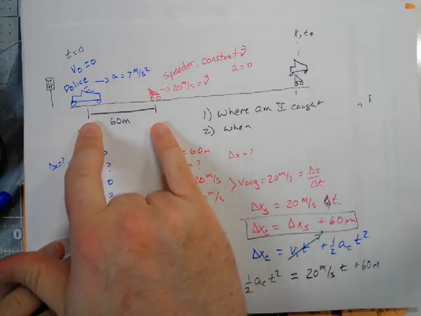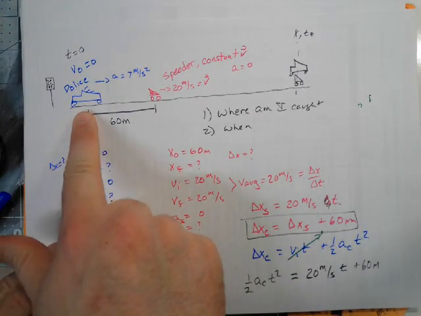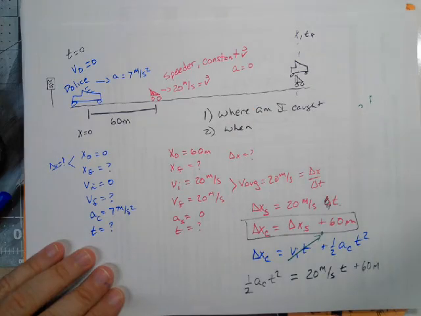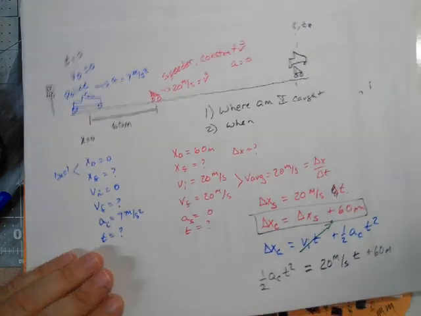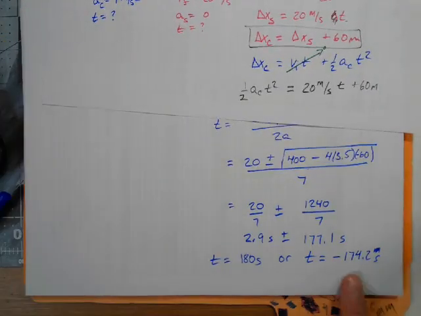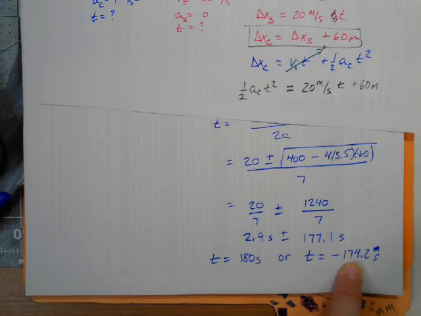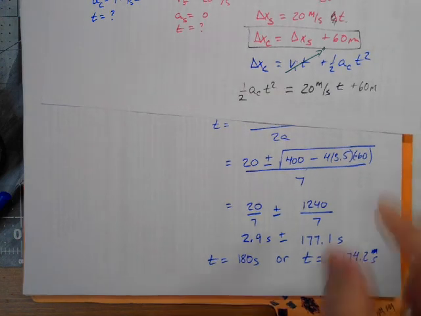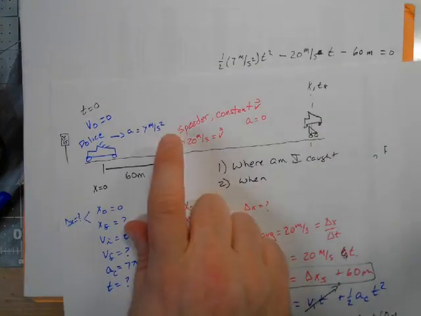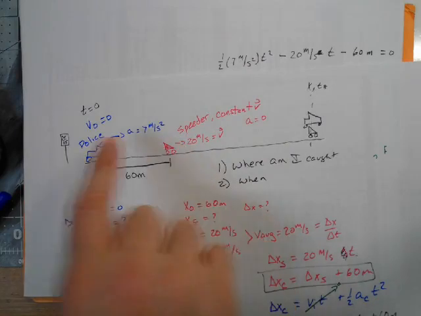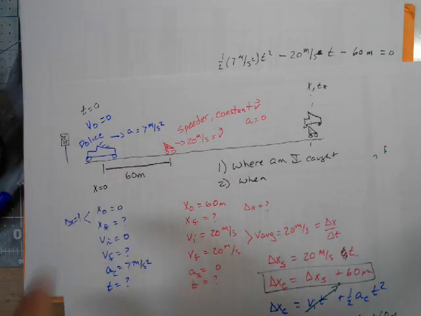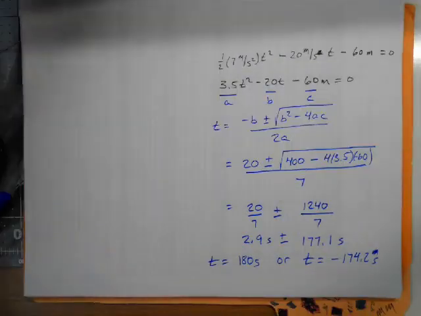And it takes time for the cop to accelerate up to speed. So this time could be 3 minutes. What the minus sign here is saying is this could be 3 minutes in the past, before you ever got here, somewhere off to the left of the screen, he pulls you over. And that can make some sense.